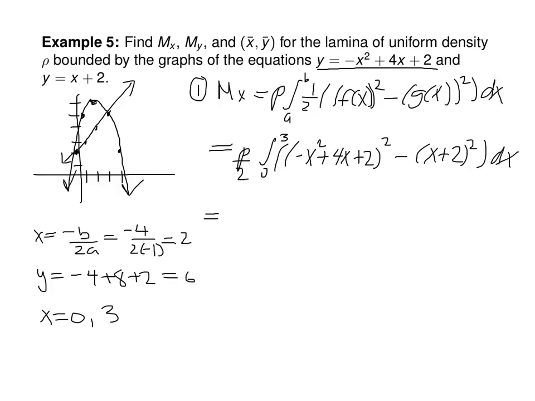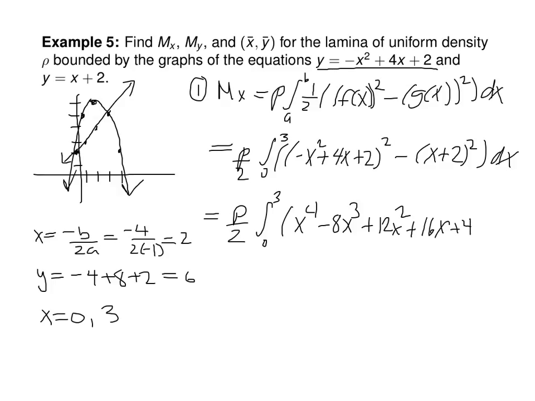Now when everything expands and you combine like terms, we end up with the integral from 0 to 3 of x to the 4th minus 8x cubed plus 12x squared plus 16x plus 4, that's the first thing expanded, minus x squared plus 4x plus 4.